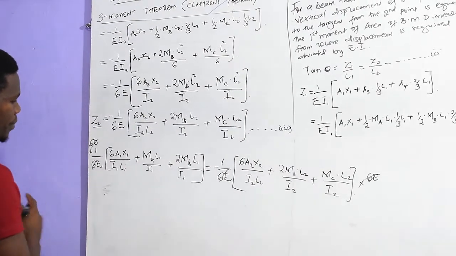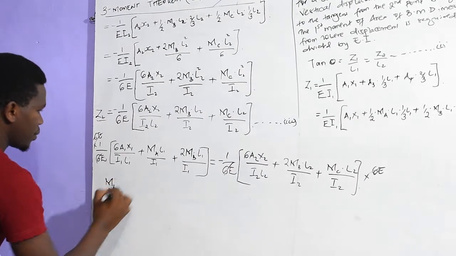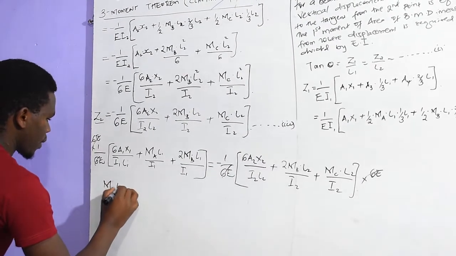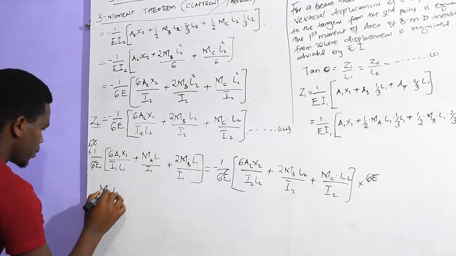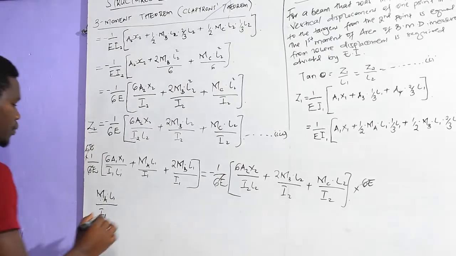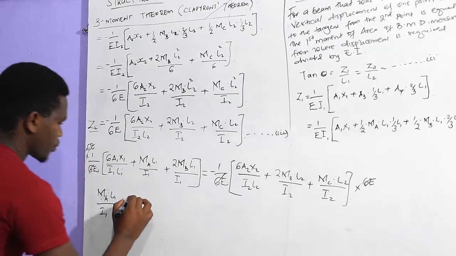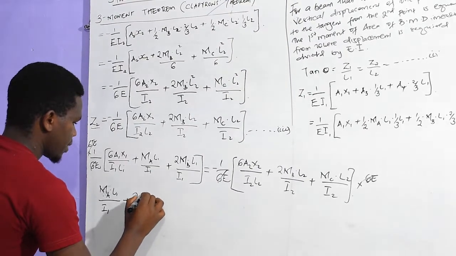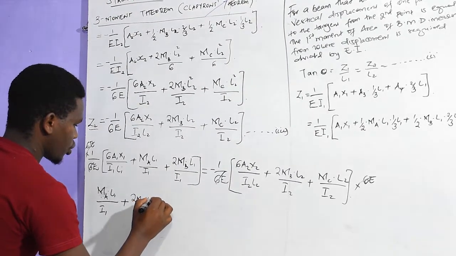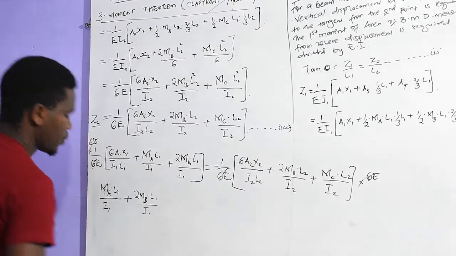Therefore, we put the moments on this side, so there is moments at A L1 over I1 plus 2 moments at B divided by length 1 over I1.